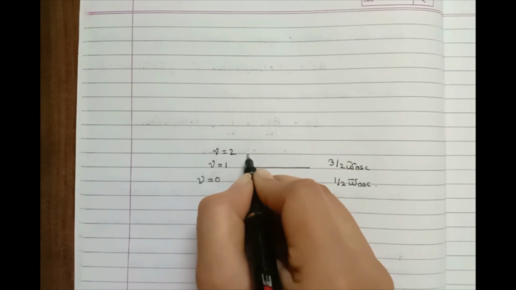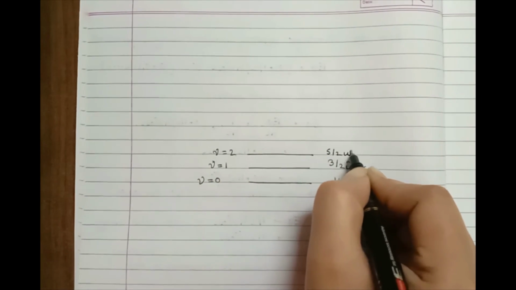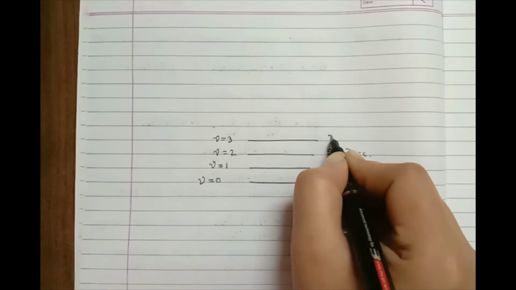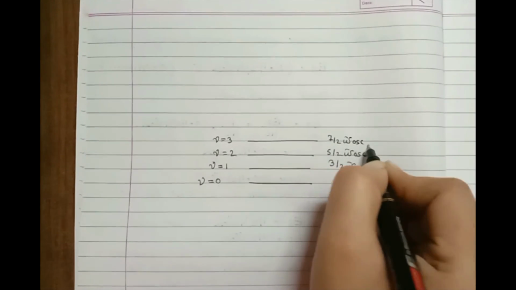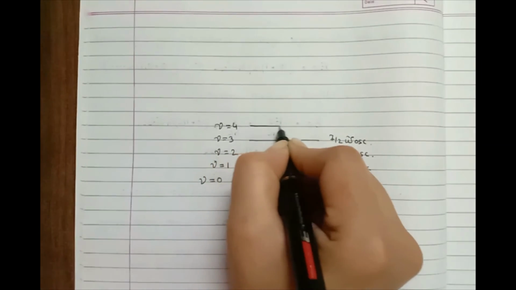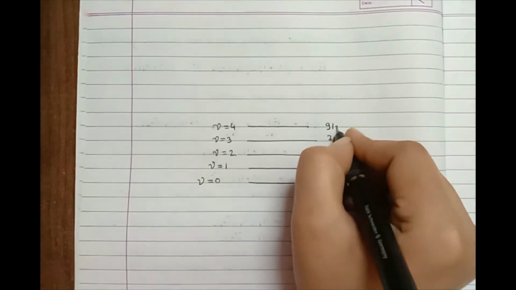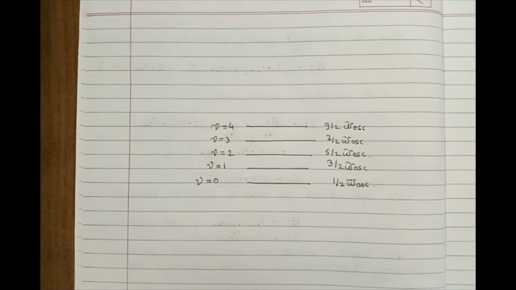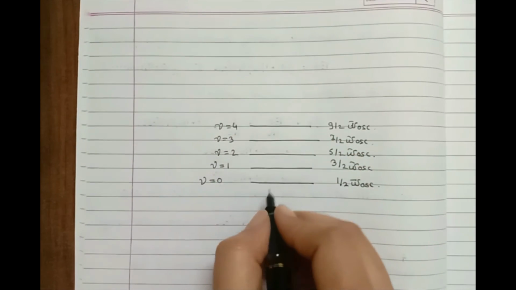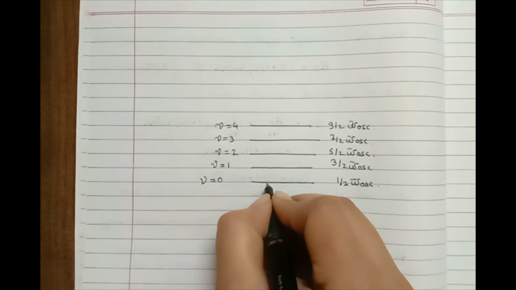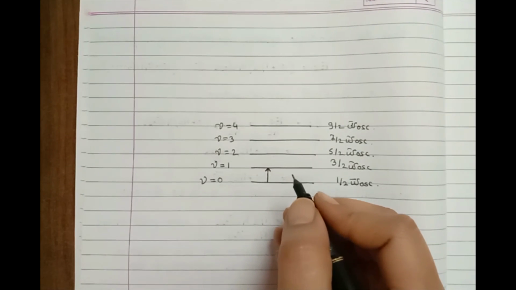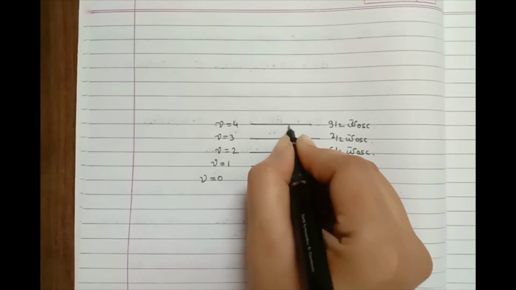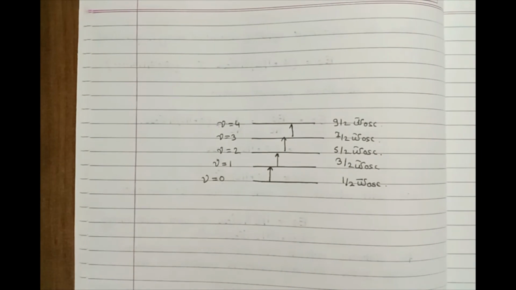For nu is equal to 2, it will be 5/2 omega bar oscillation. For nu is equal to 3, it will be 7/2 omega bar oscillation. For nu is equal to 4, it will be 9/2 omega bar oscillation. Is it okay? So on this transition will go. And we know that the selection rule is delta nu is equal to plus minus 1, so only these transitions are allowed. Okay. So you can calculate many energy levels for this.